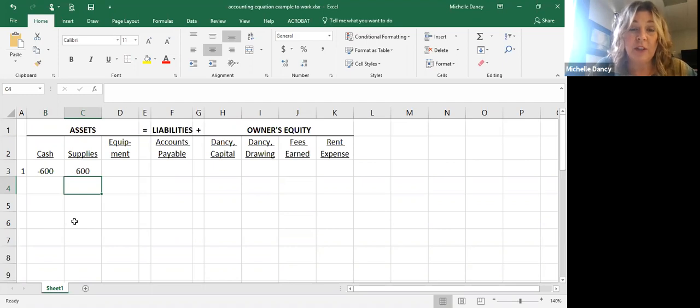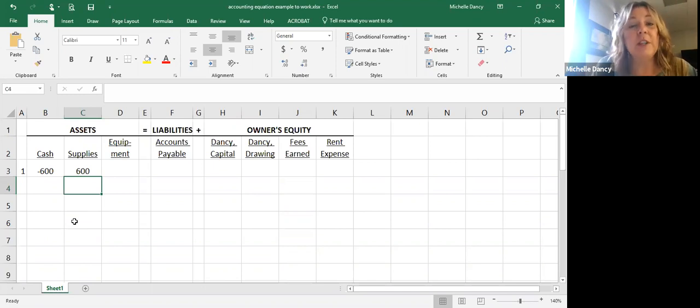So here's the big question. Is my equation still in balance? Well, if I look at it, I've got a negative 600 to cash and a positive 600 to supplies. So that actually equals out to be 0, right? And then I have nothing on the other side of the equation. So my balances are 0 equals 0. So I'm still in balance.